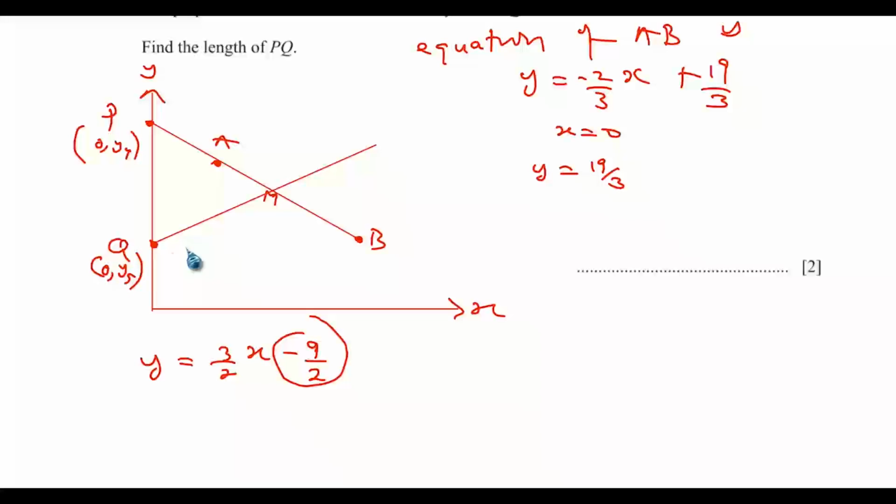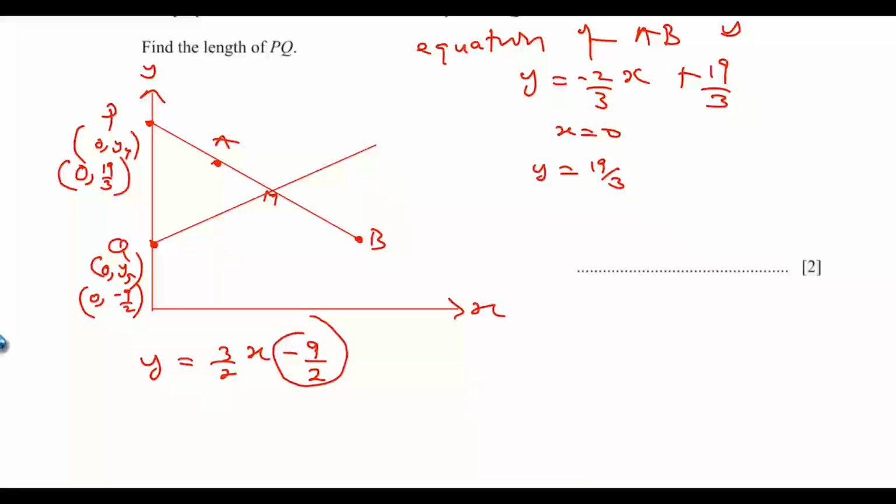So that means I know the values of y4 and y5 respectively. So point P will have coordinates 0, 19 over 3. Okay, and Q has coordinates x equals 0 and y equals minus 9 over 2.